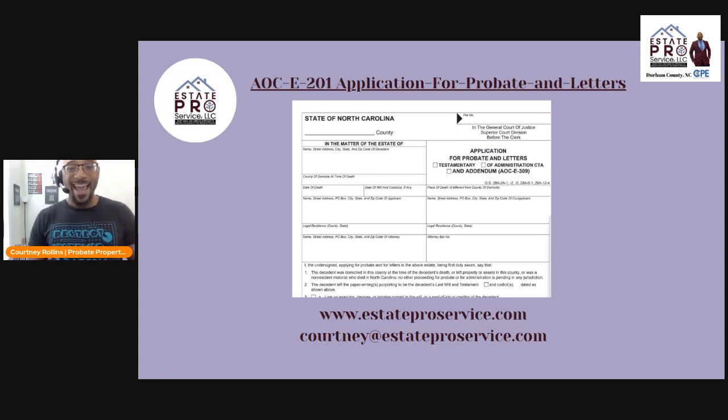And please note, if you do find yourself appointed the representative or executor, it's not necessarily a role that you have to take on. It is a very serious role. You would just need to file some forms to say that you decline, and then they would have to find someone else to go through the process or be the executor.